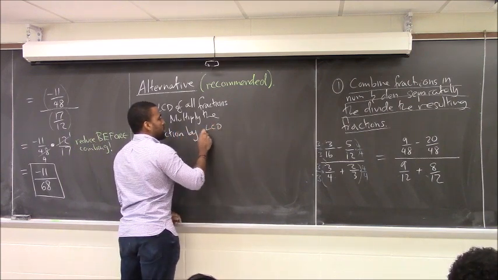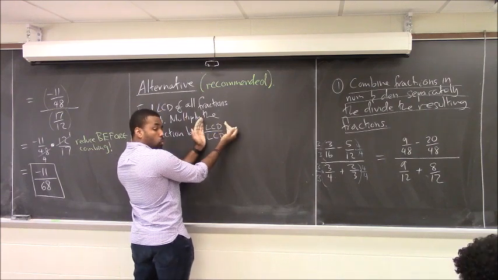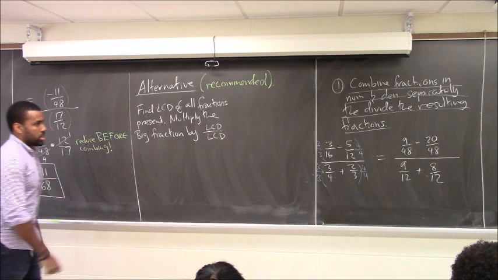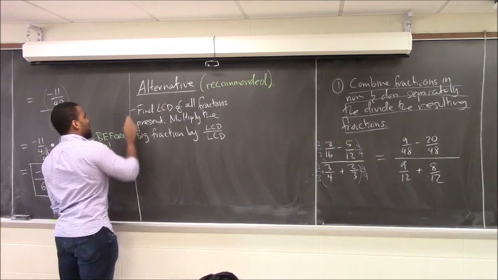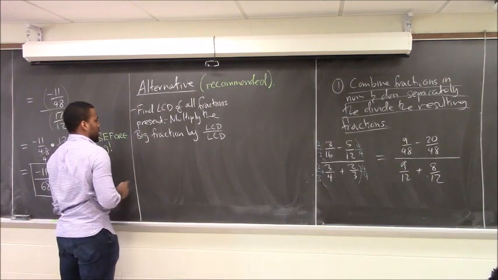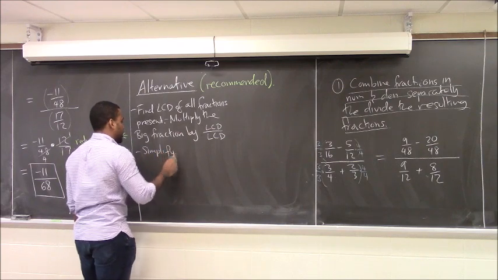Once you find the LCD, you're going to multiply the big fraction by a fraction which is again 1, but it is going to be convenient in a particular way that we will see. So you find the LCD, multiply the big fraction by that, and then, of course, do your old simplification. Reduce things, combine things, etc.